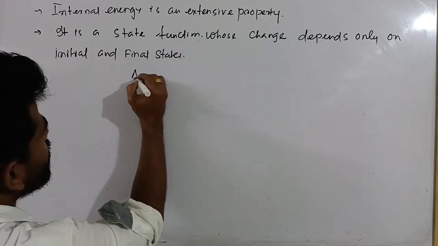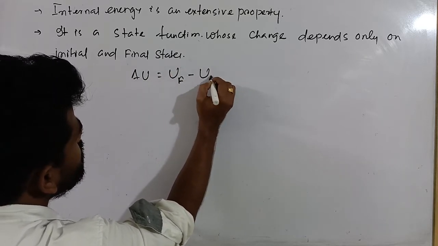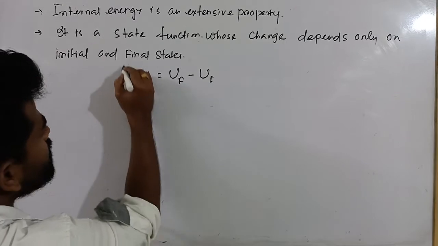You can see del U is equal to U final minus U initial, or U2 minus U1.